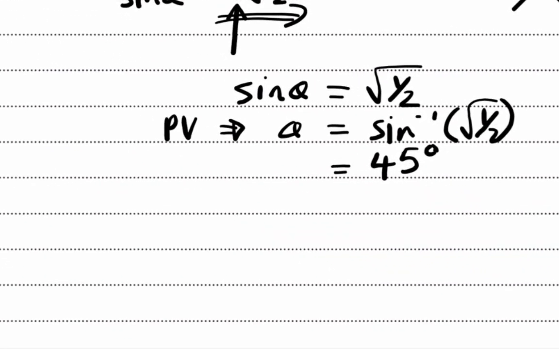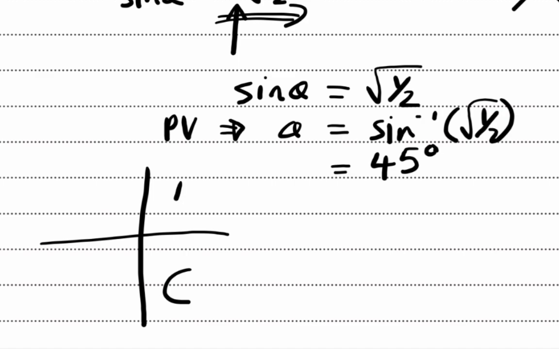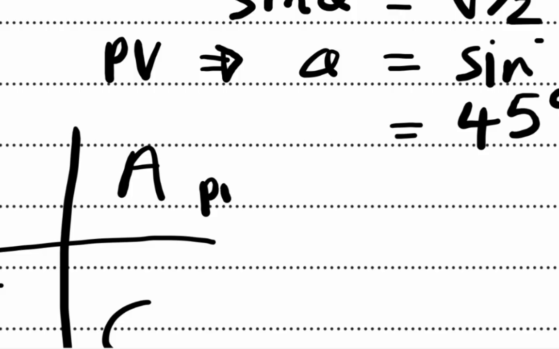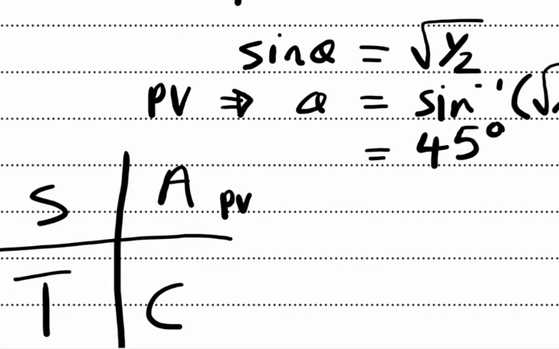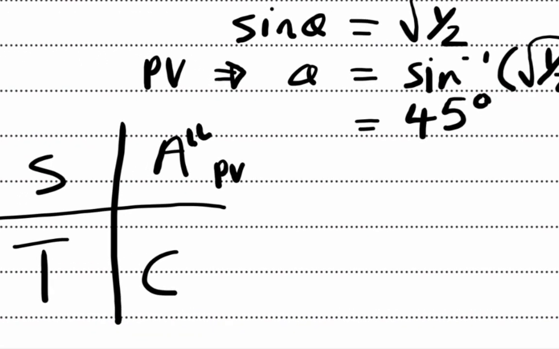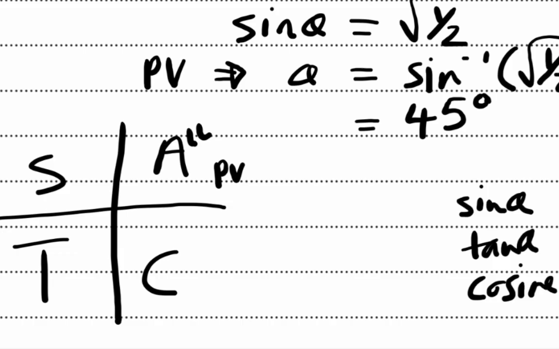And now, considering our CAST diagram, in the first quadrant we take the principal value as our answer, and this A stands for all, meaning in that quadrant we're considering all our trigonometric functions, our sine, our tan, our cosine, to be positive.